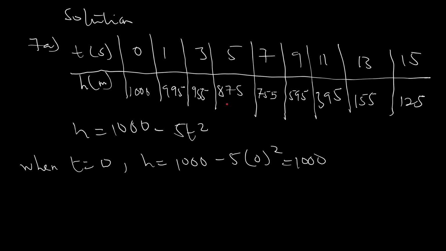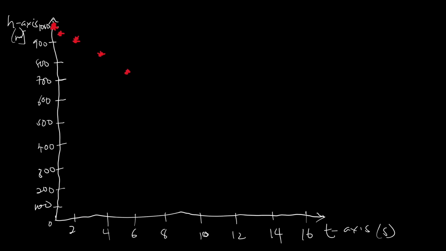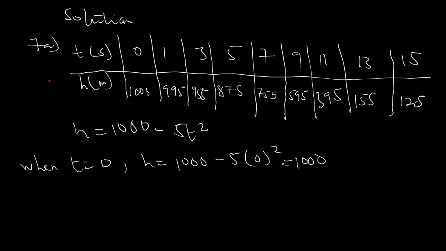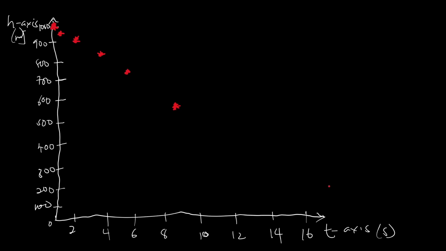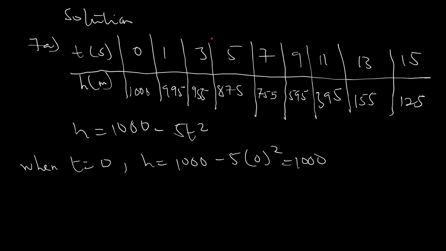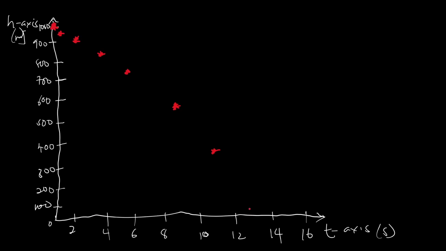So for 9, our h should be 595, so it should be here. Then when t is 11, our h will be 395, so 11 will be somewhere here. And for 13 it will be 155, so 155 should be here.